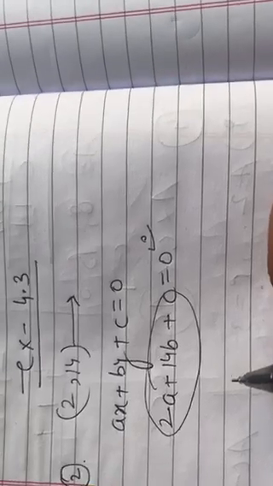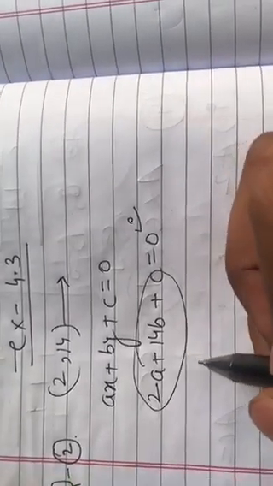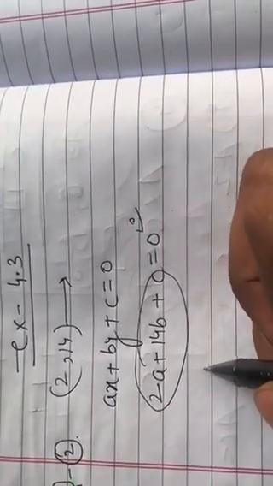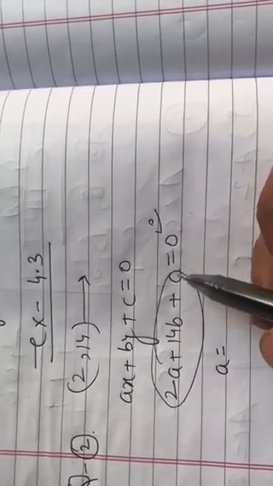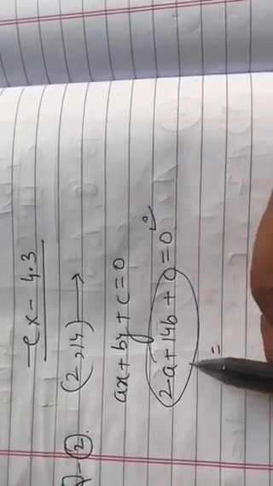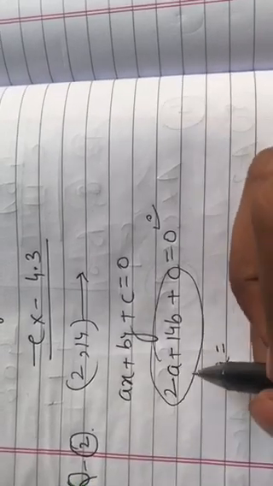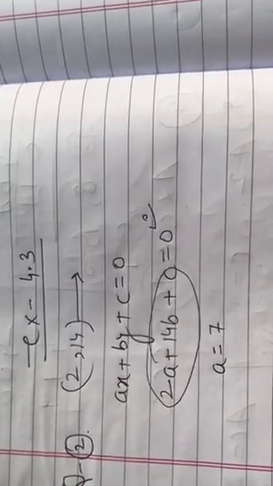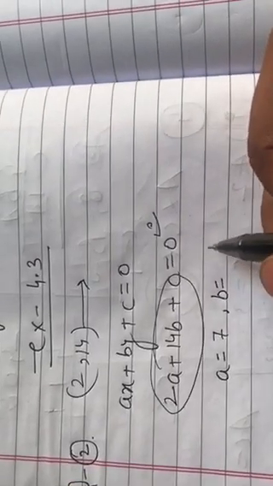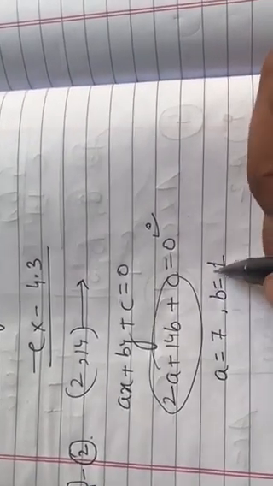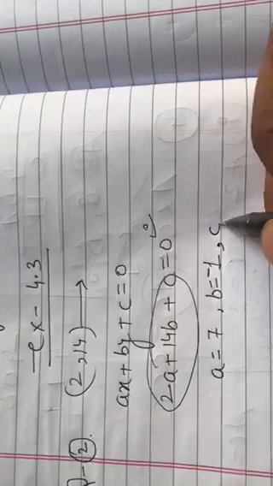Suppose we take a as 7, and b as -1, and choose c equals 0.